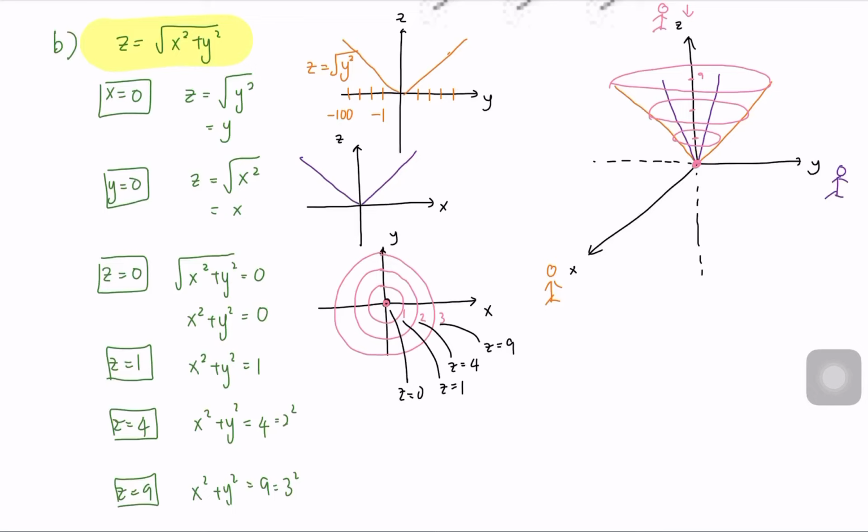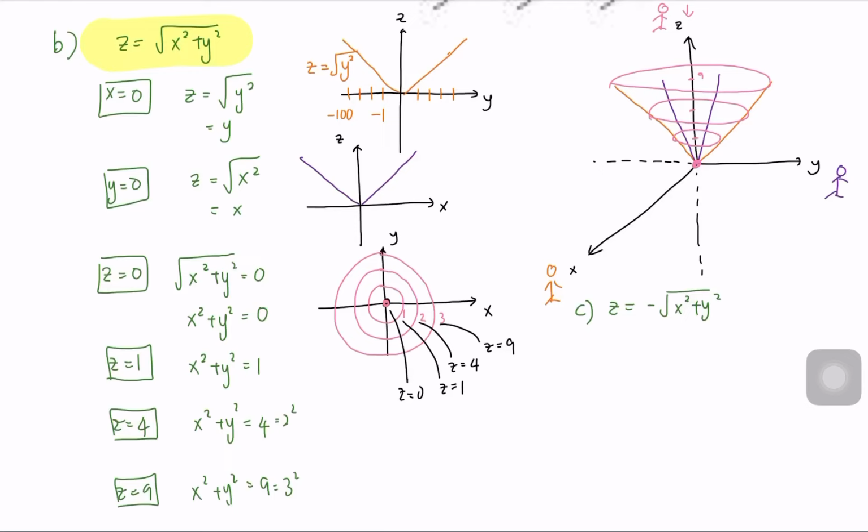Alright, so how about let's say we change the equation. Let's say we have z equal to negative square root of x squared plus y squared. That one is the basic, the plus. Let's say you have negative.